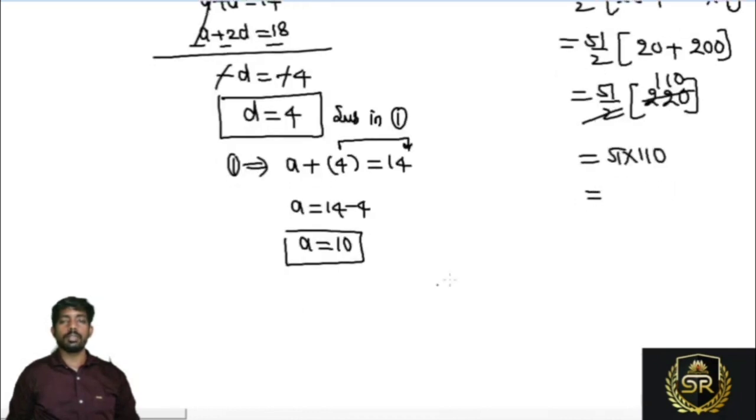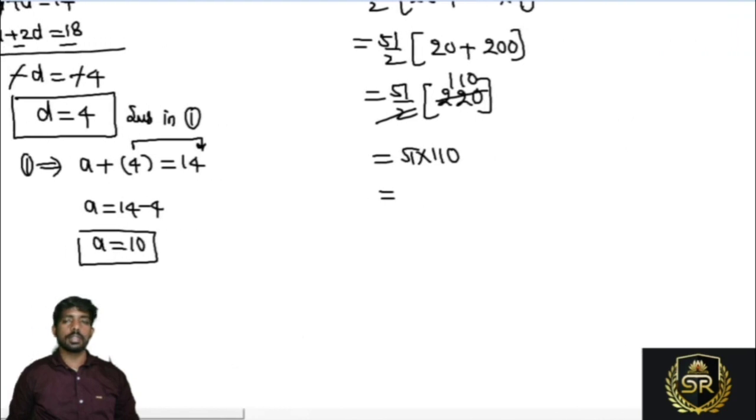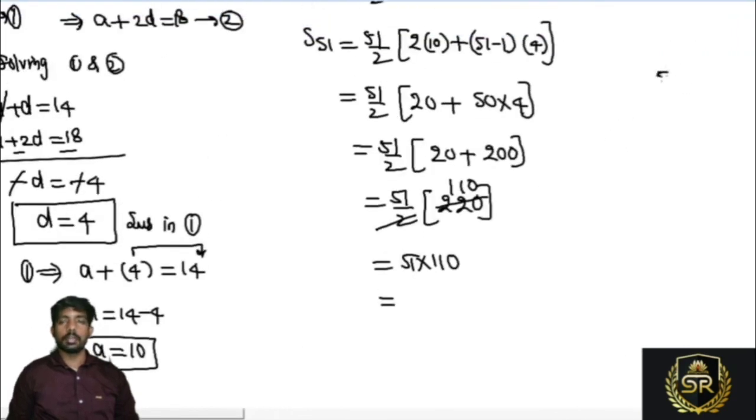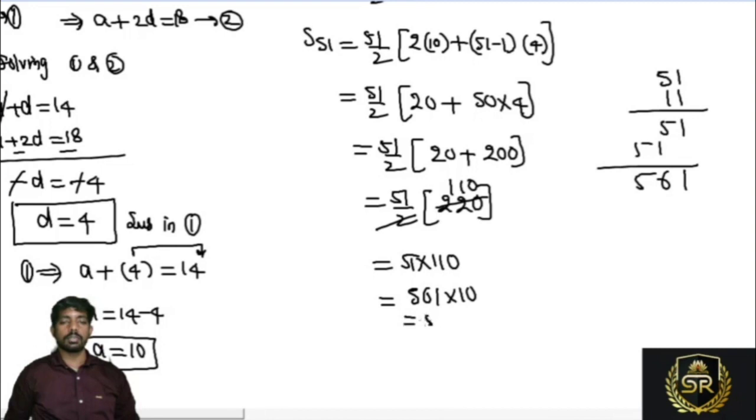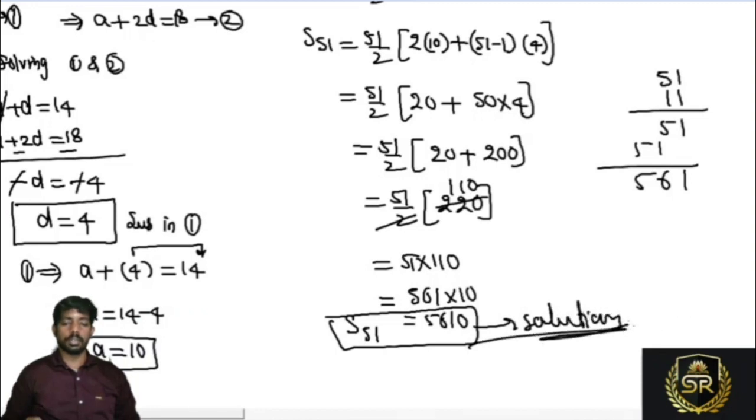If I multiply this, what is the result? 51 into 110, 51 into 11 is 561, and 561 into 10 is 5610. So the sum of first 51 terms is 5610. This is the result. That's all. This is the solution.